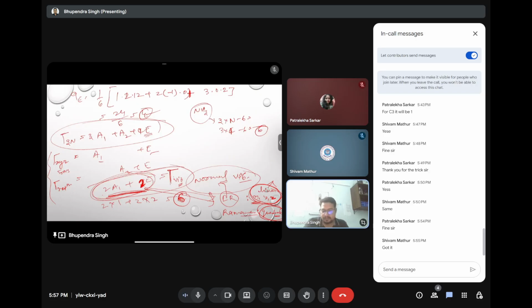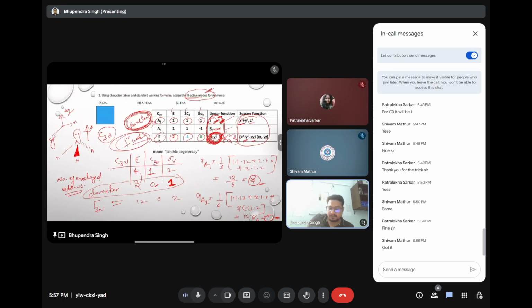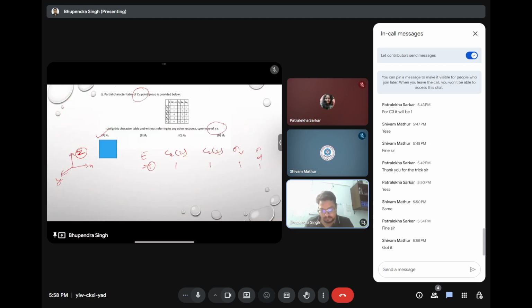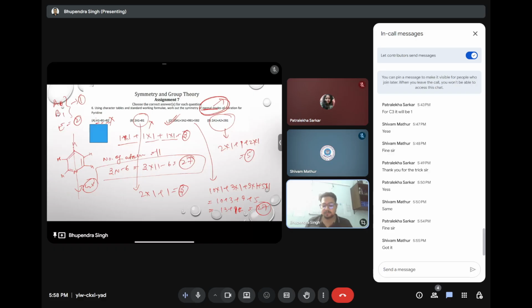Using the character table and standard operator, we assign the IR active modes for ammonia. Question number 2 is asking for IR active, and question number 7 is asking for the normal, total modes of vibration.